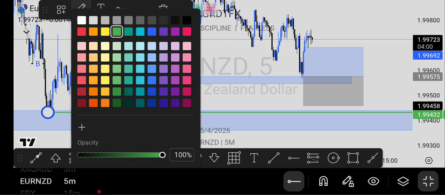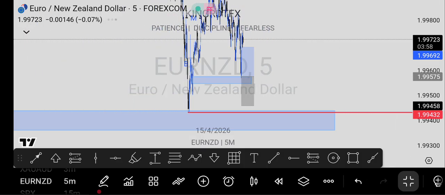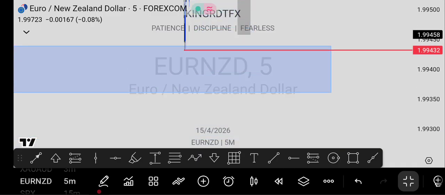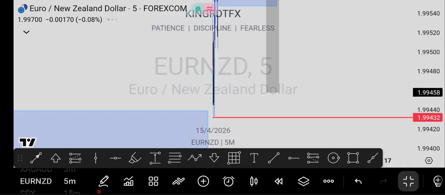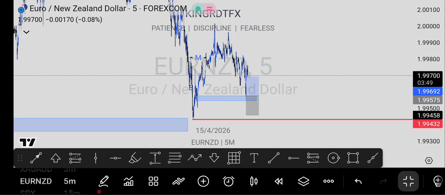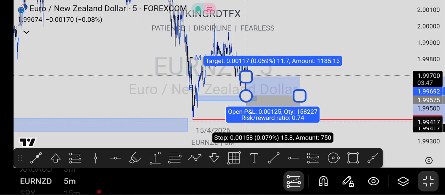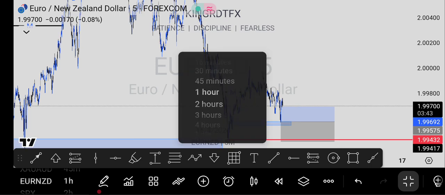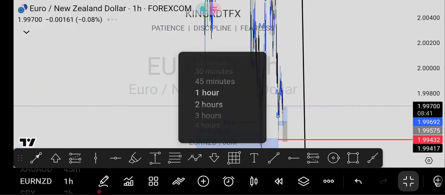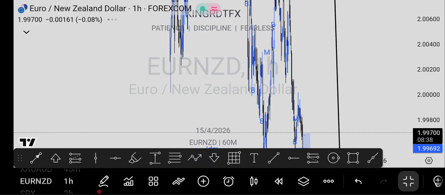Let me do this. Let me clean this. With my stop loss below this red line, then target the internal range liquidity.